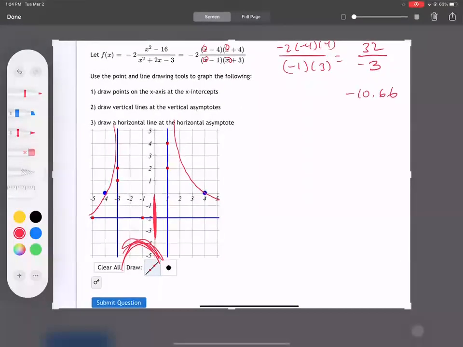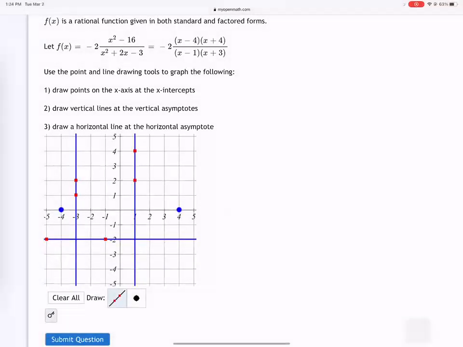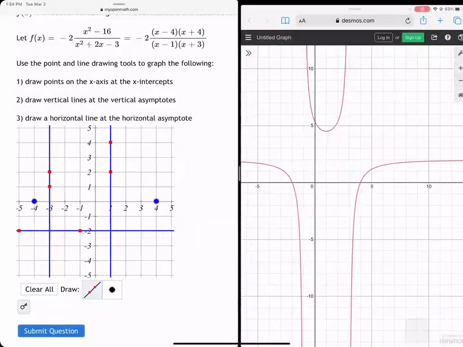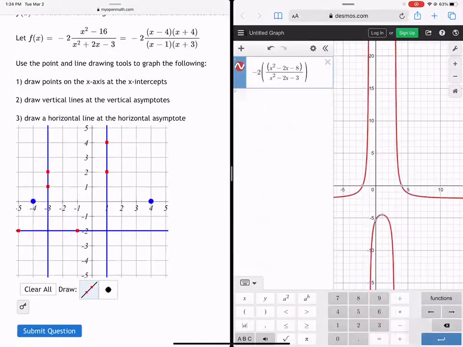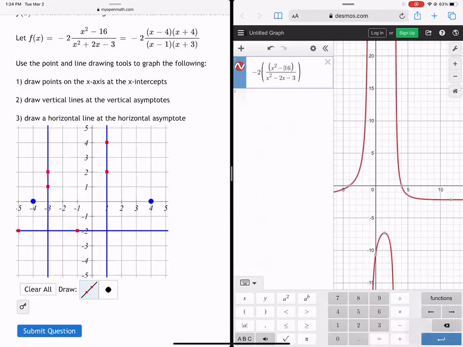So let's see if our graph is reflected in Desmos. We change the graph numbers around. This we said was going to be -2. The top was going to be 16. The bottom is going to be very similar to that.